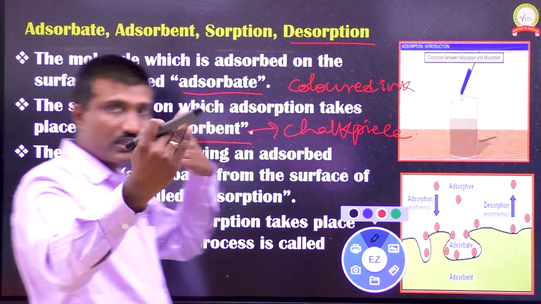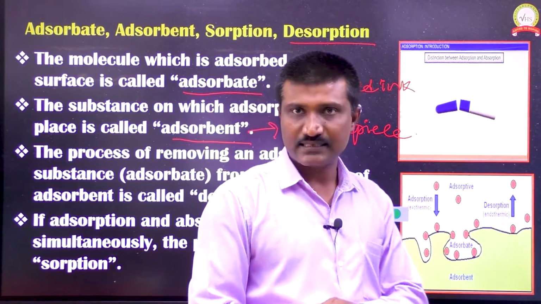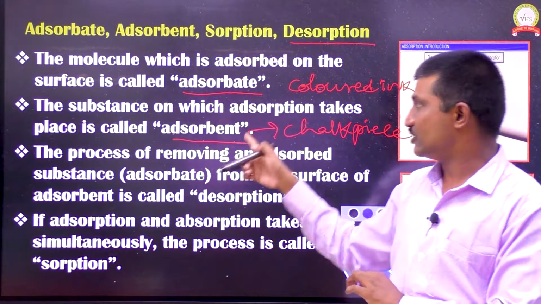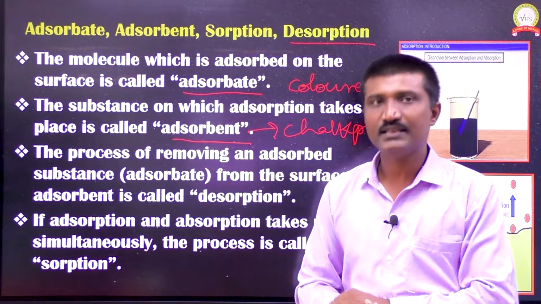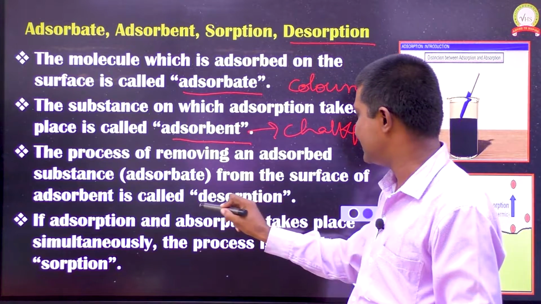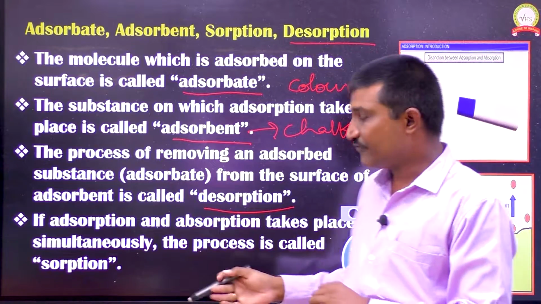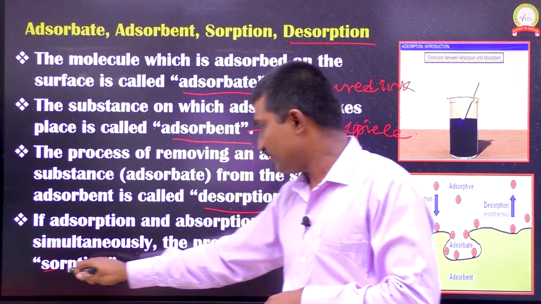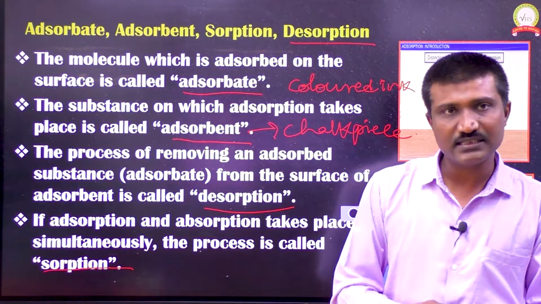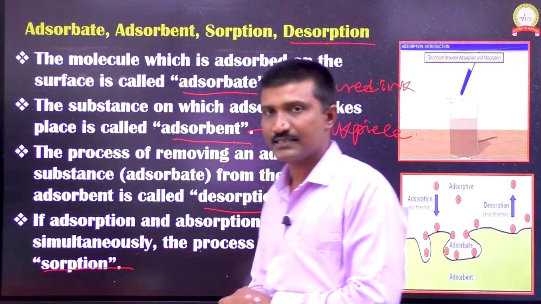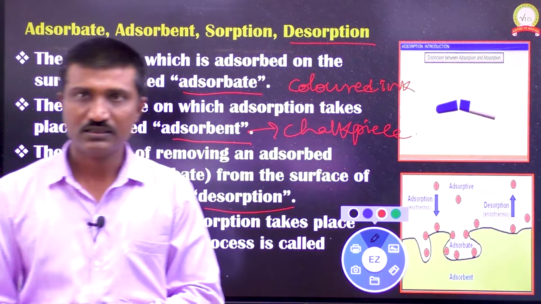If we want to remove the colored particles from the chalk piece, meaning we remove the adsorbate from the adsorbent, then such a process we call desorption. And if adsorption and absorption simultaneously take place, then we call that the sorption process.